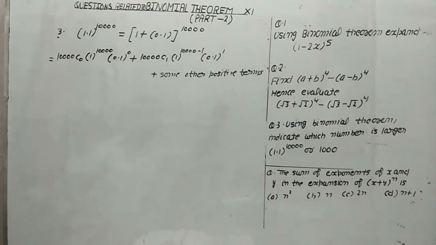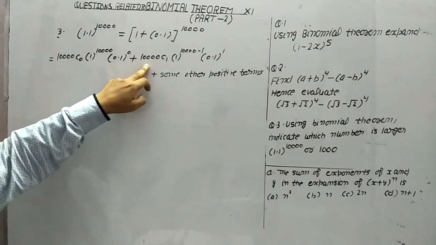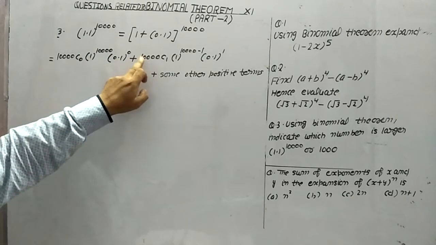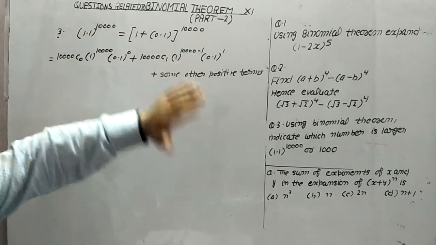Now look at this, why are we taking two terms only? Because the first term's value is 1, and in the second term, suppose 5C1, what was coming? 5. That's why this will provide 10000 only, and because of this we will get the other part.